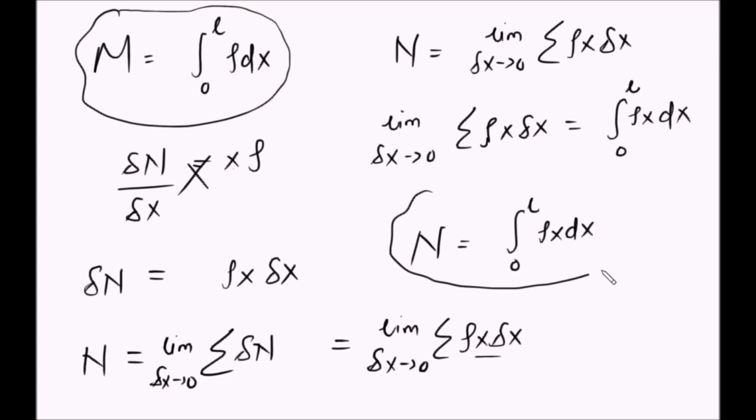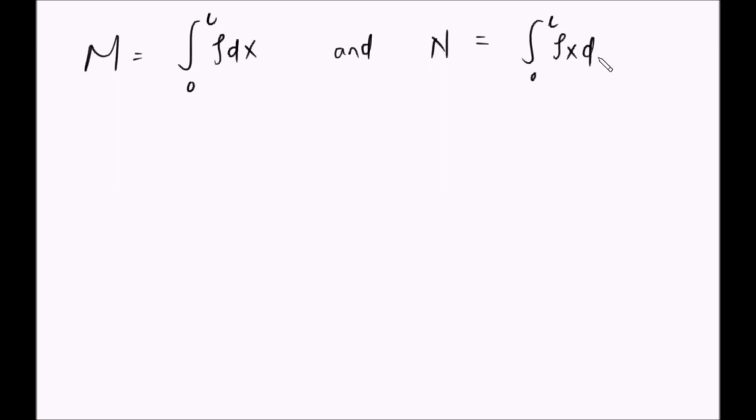So this is N. So this is m and this is N. Let me write them again. So m we get is the integral from 0 to L of rho dx, and N we have got is the integral from 0 to L of rho x dx.